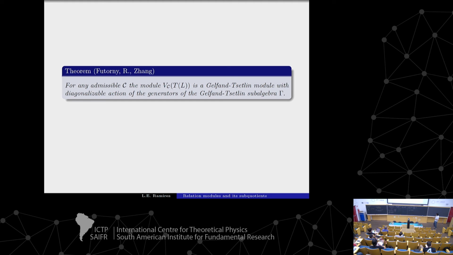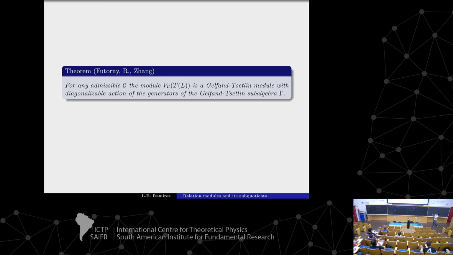And also, this is actually the nicest thing: the action of gamma is semi-simple. We have a diagonalizable action of the generators of the Gelfand-Tsetlin subalgebra. So we have a very nice model here. Okay, so well behaved.